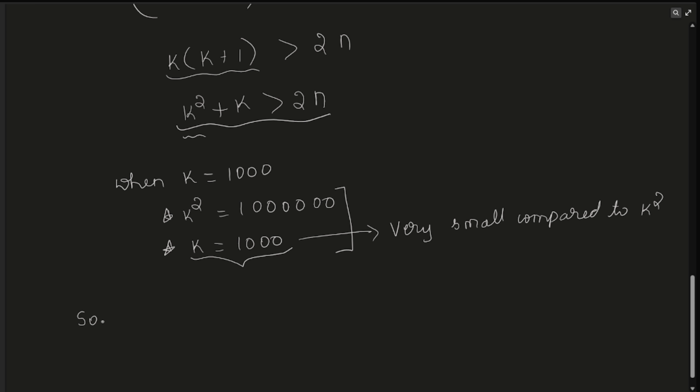So approximately we can ignore the smaller value, that is plus k.